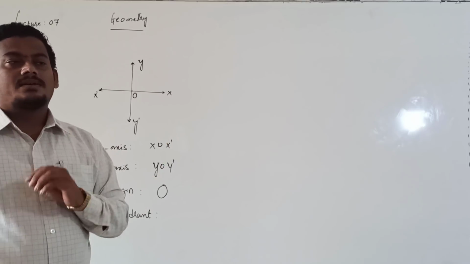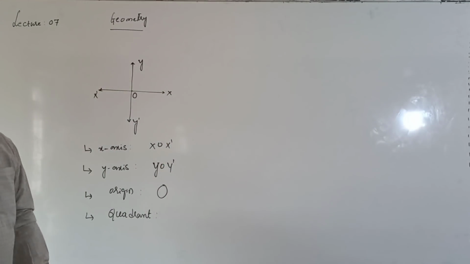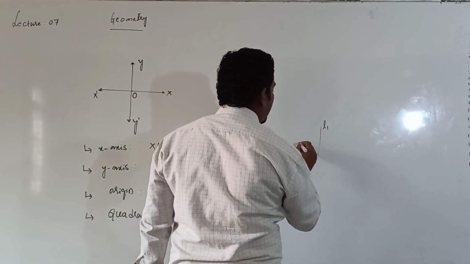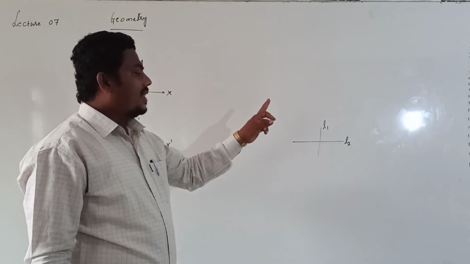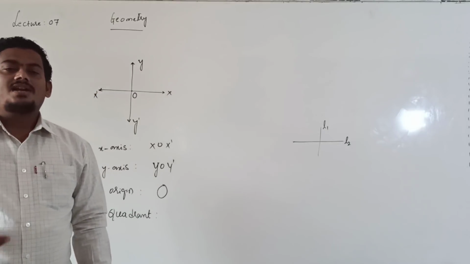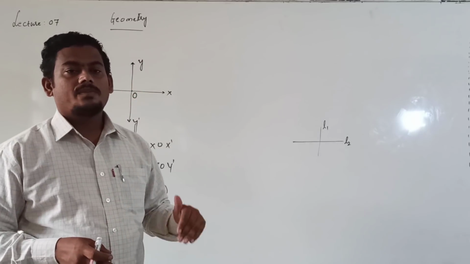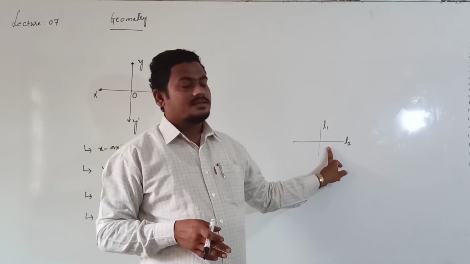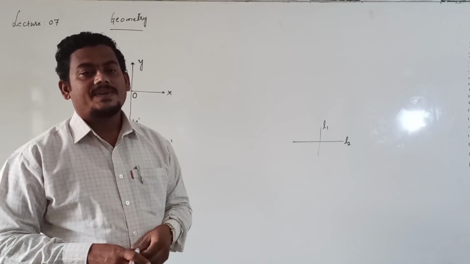Mutually means x-axis is perpendicular to y-axis and y-axis is also perpendicular to x-axis. For example, it is line 1 L1 and it is line 2 L2. If line 1 is perpendicular to line 2 and line 2 is also perpendicular to line 1, then we can say that mutually perpendicular.